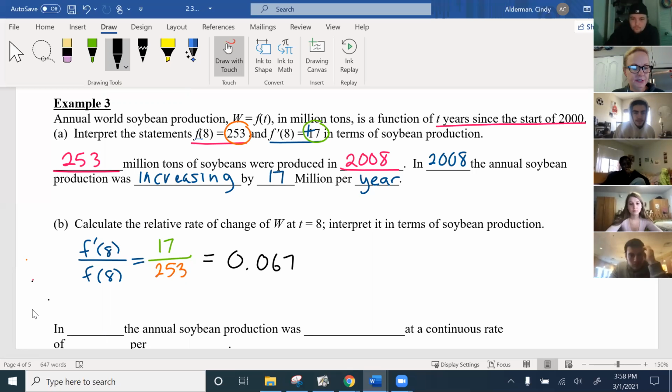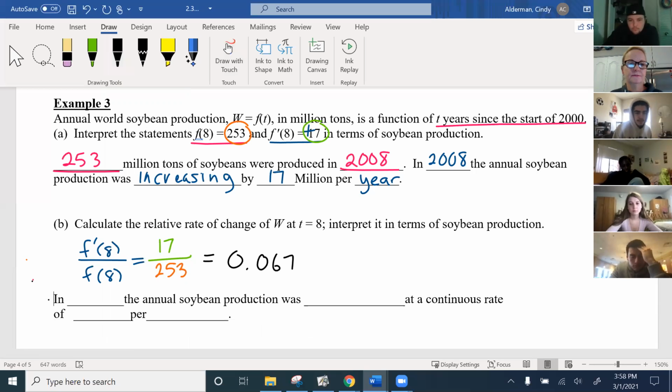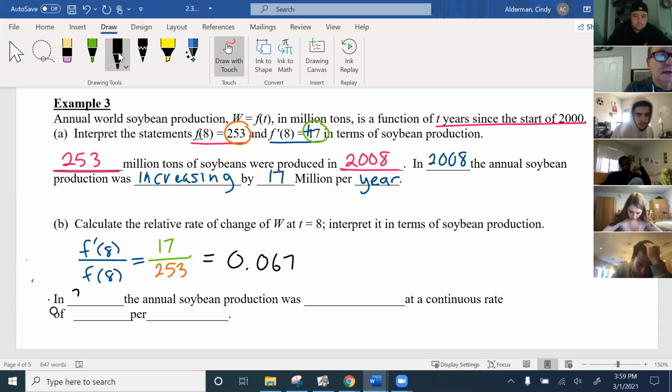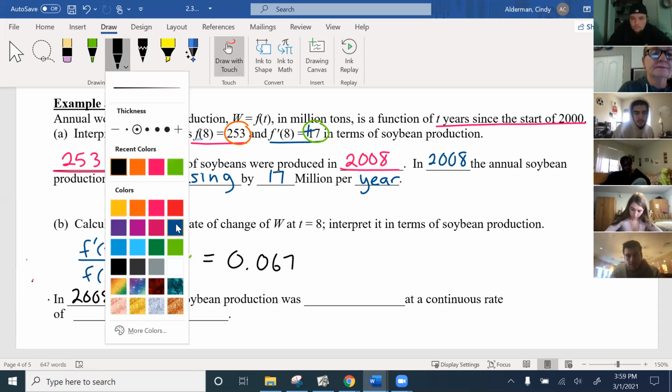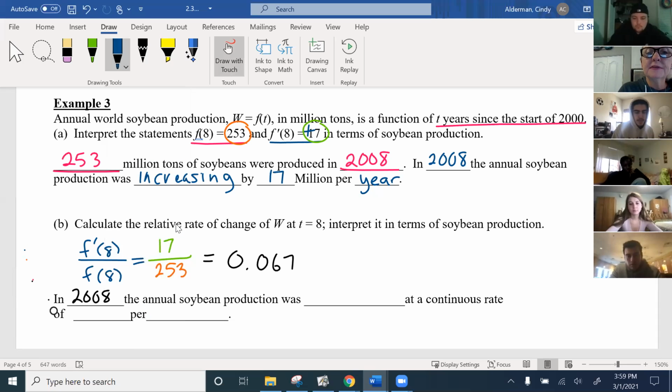In what year was the annual soybean production something? 2008. Yeah, we're still in 2008. Very good. In 2008, the annual soybean production was increasing or decreasing? Increasing, right? Because remember the positive 17.